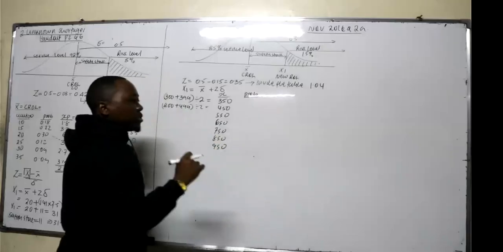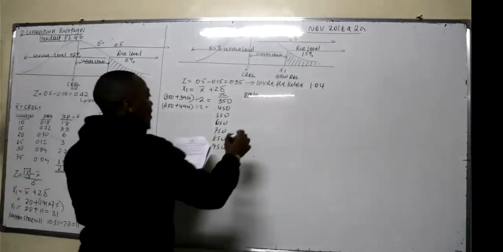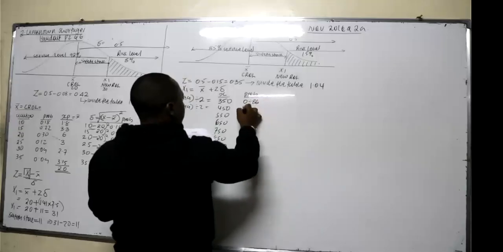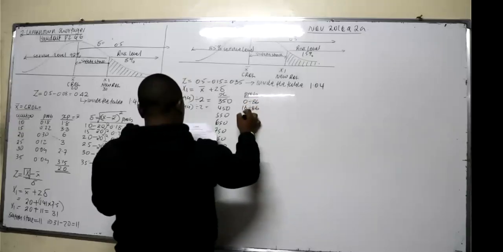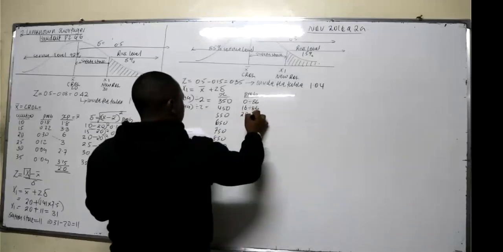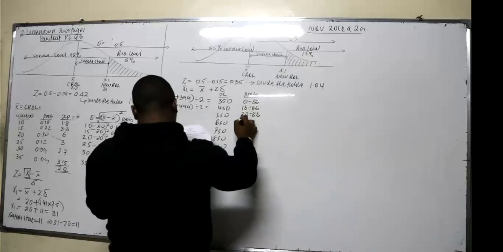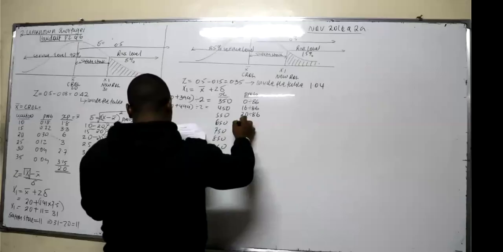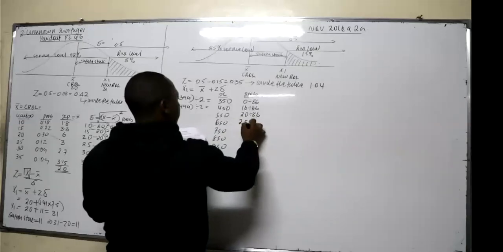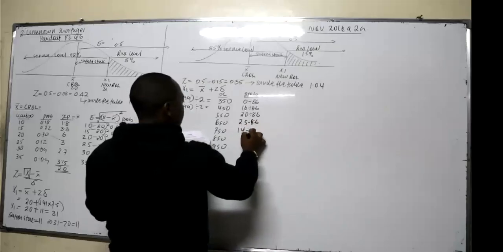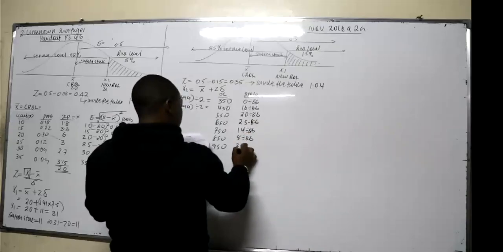So use the frequency to get the probability. The first one is 0, the other one will be 16 over 86, then we have 25 over 86, 14 over 86, 8 over 86, 3 over 86.